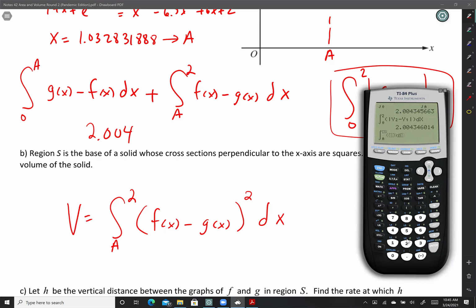That's why you have to be careful. Then f of x was Y1. So open parenthesis, alpha trace Y1 minus alpha trace Y2. Close it, put a square on it, and then put a dx right there. And there it is, 1.283.